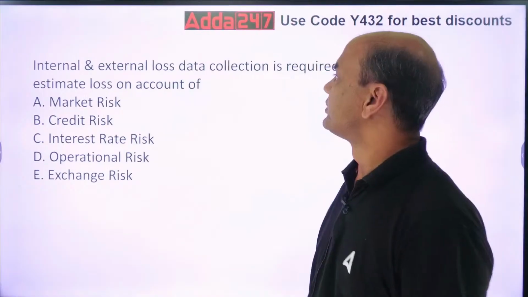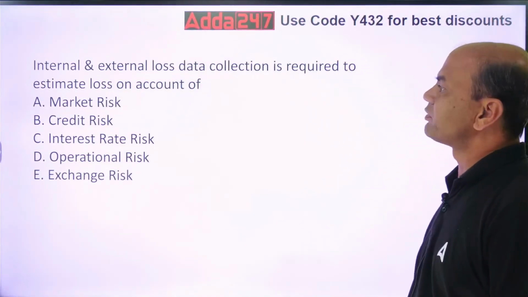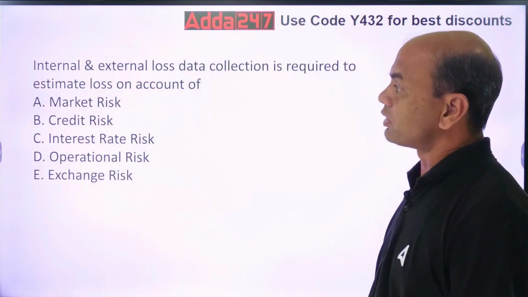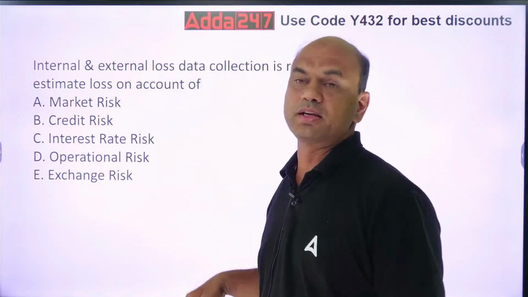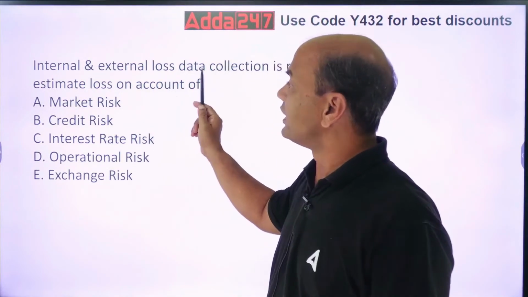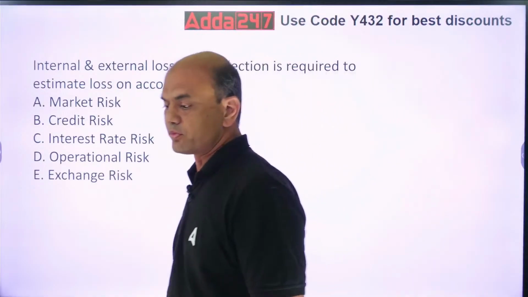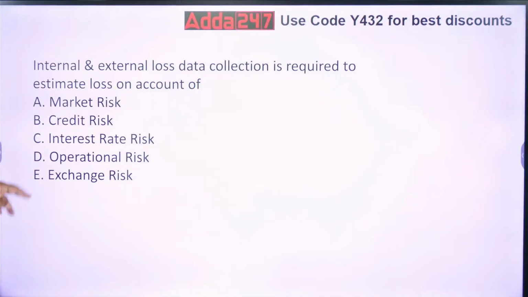First one: internal and external loss data collection is required to estimate a loss on account of. Is it because of market risk, credit risk, interest rate risk, operational risk, or exchange risk?